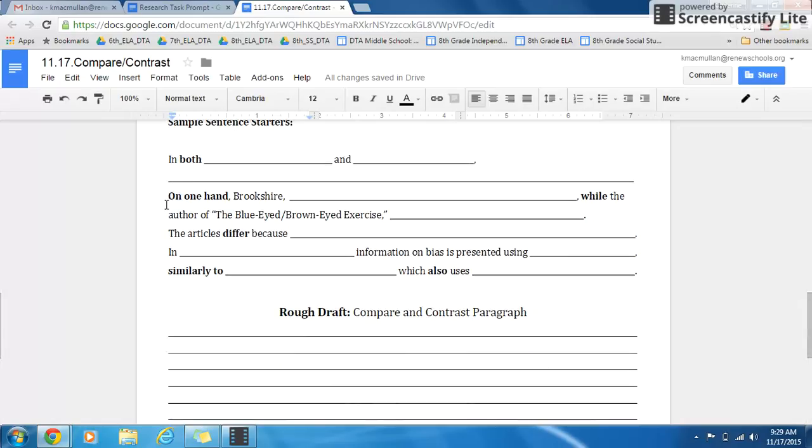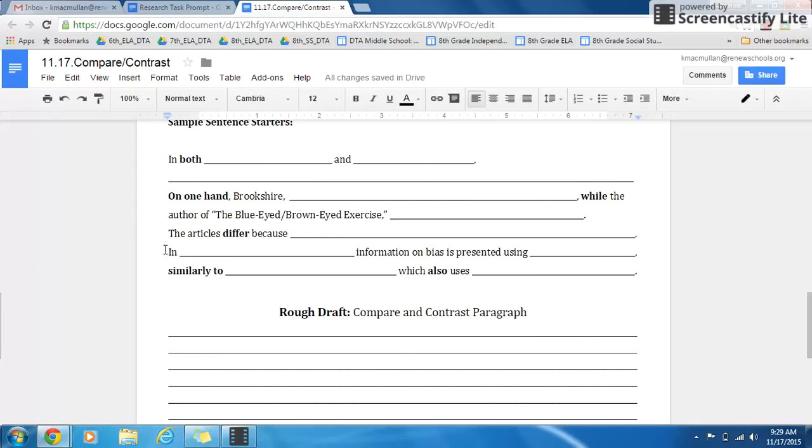So here we have a contrast sentence starter. On one hand, Brookshire, which is the author of the Teen and Trolley article, does this, while the author of the blue-eyed, brown-eyed exercise does this, or gives us this type of a bias versus this type of bias. So this is a way of comparing and contrasting between articles. Another way is to say that the articles differ because, how are they different?